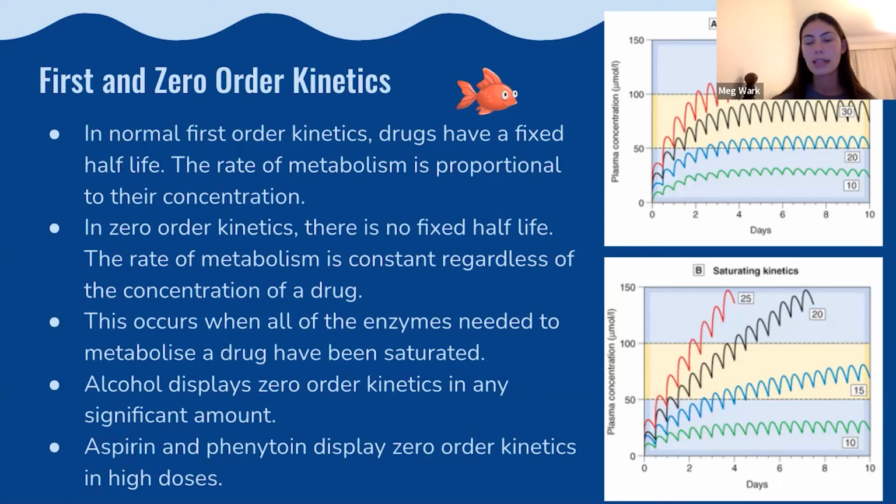So for any amount of alcohol you consume, the rate of metabolism is constant no matter how much you drink. Aspirin and phenytoin display zero order kinetics in high doses only. Those are two other examples where you won't see zero order kinetics straight away. It's only if you reach high doses where all of those specific enzymes are saturated that this will begin to occur.